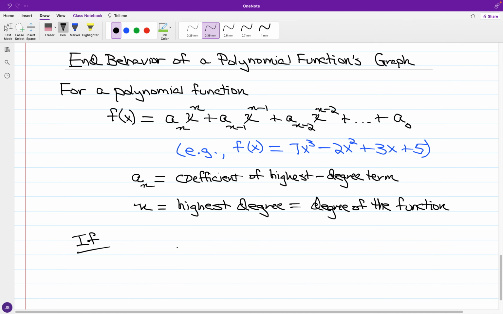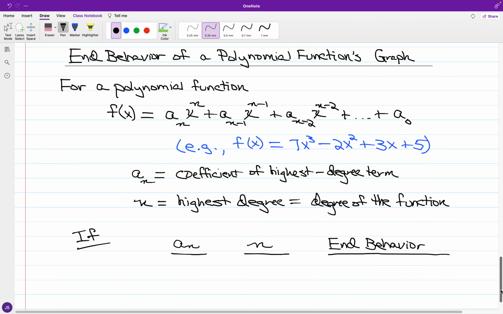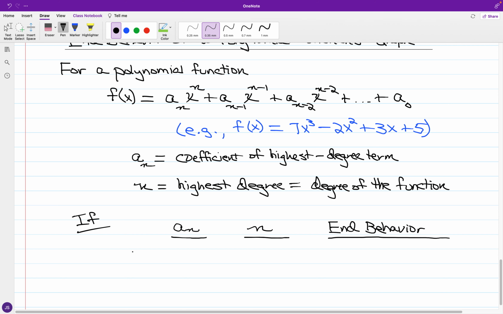You have your coefficient a of n, the degree n, and the end behavior.